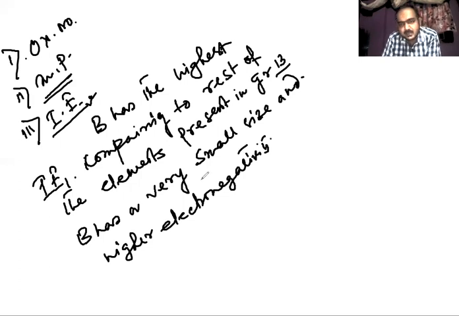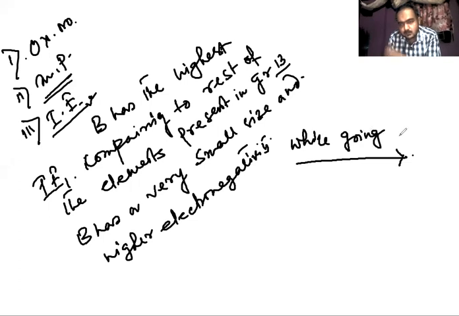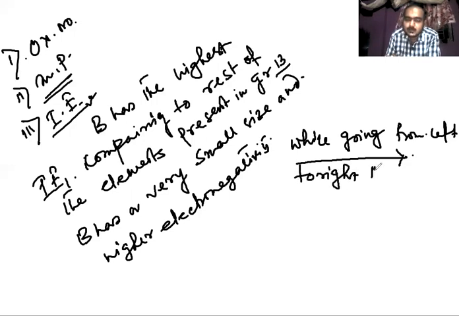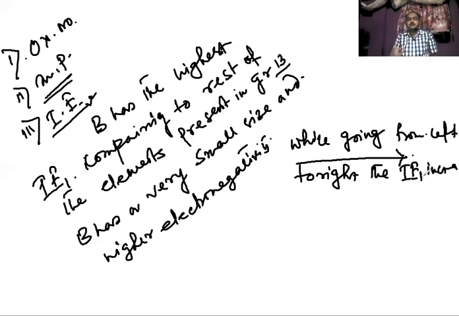What happens here is an abnormality you should see while going from left to right. While going from left to right, the first ionization energy increases generally. It is a general trend. Okay, this is not a hard and fast rule.